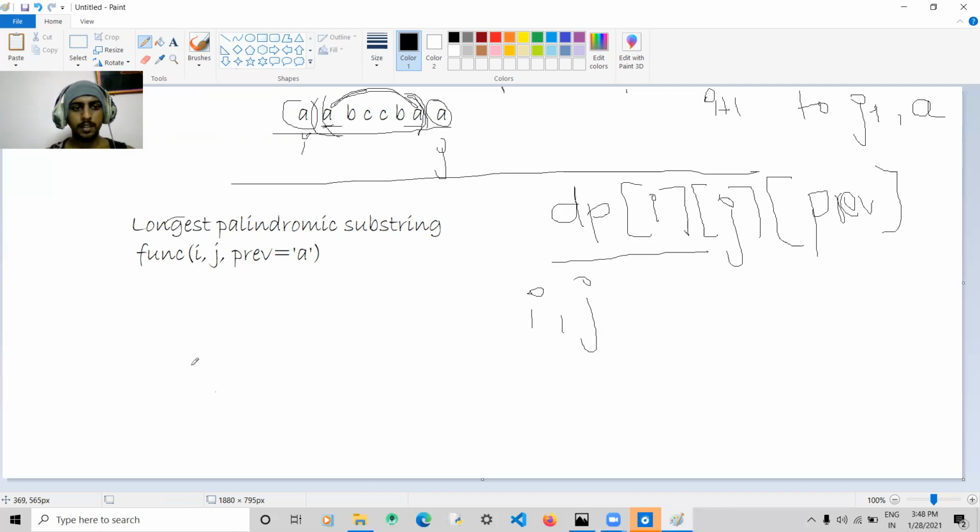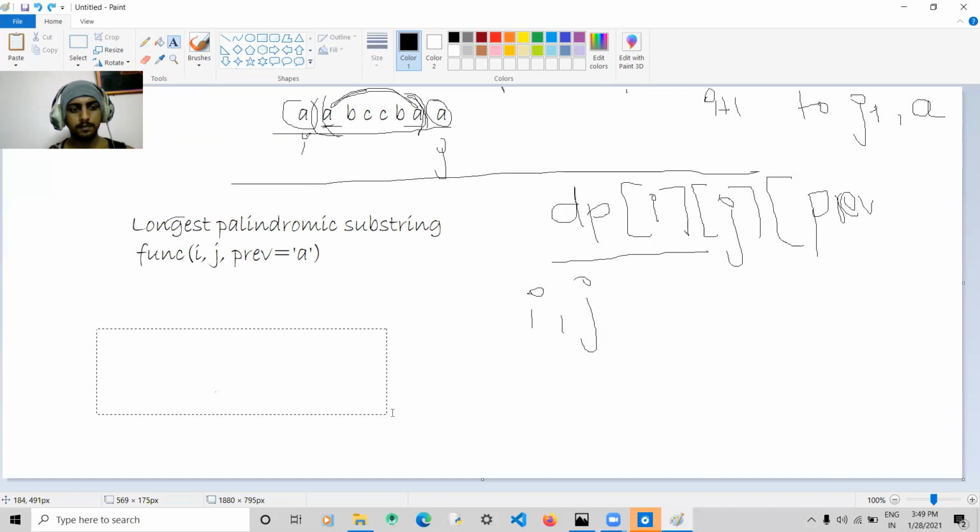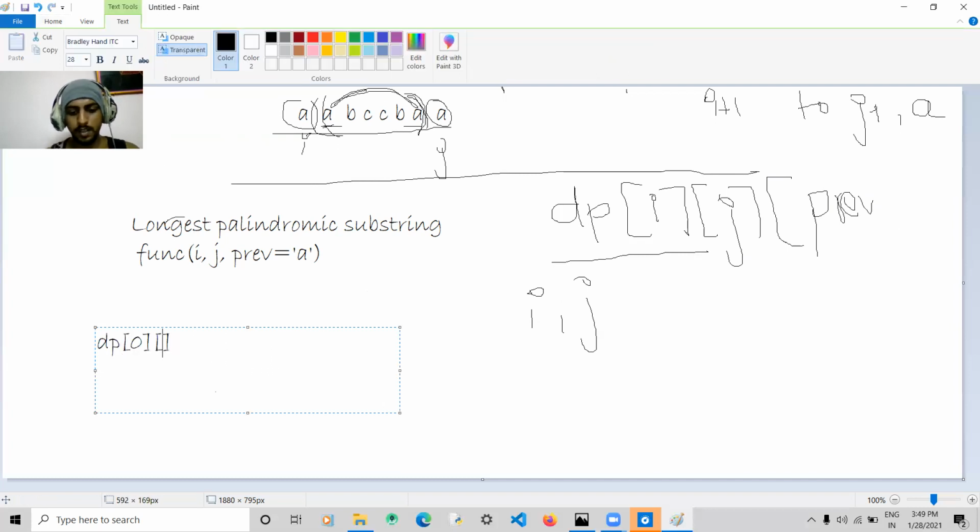So basically here it would say, give me dp of 0 to 7, and prev is a dummy character because there is no previous letter for that range 0 to 7. Basically it's saying, give me 0 to 6 such that previously it was a.